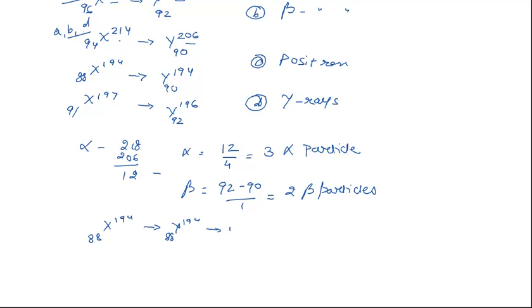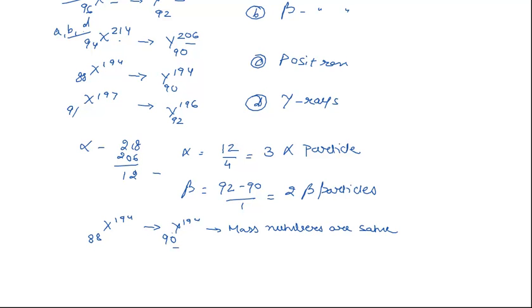The mass numbers are the same. What has happened to the atomic number? Atomic number has increased from 88 to 90. That means what emission has taken place? Is there any emission where atomic number will be increased by 2?